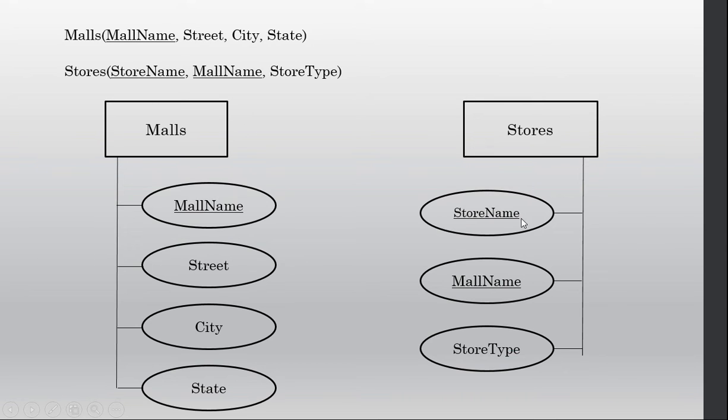We got our stores table, our 3 fields, primary key, and then the whole purpose of the ER diagram is to include the relationship, if there is one, with the diamond, and some kind of verb. So I just said malls have stores. And again, we can think about it and figure that one mall might have many stores. So that's how I designated the one and the many on this one.